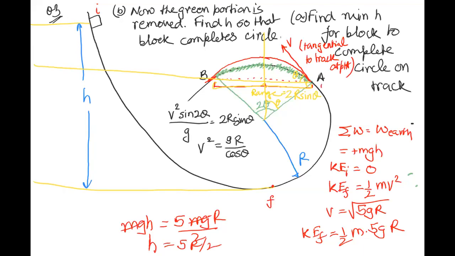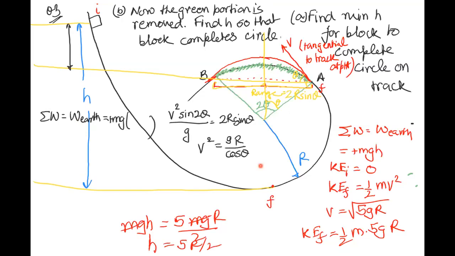So I choose this as the final point, I choose this as the initial point, and I write summation of work is equal to work done by Earth, nothing else, must be equal to plus mg into this distance. What is this distance? Well, ये पूरा डिस्टेंस तो h है और यहां से लेके यहां तक r है, यहां से लेके यहां तक r कोसाइन थीटा है. आई होप एवरीबडी इज फॉलोइंग मी.